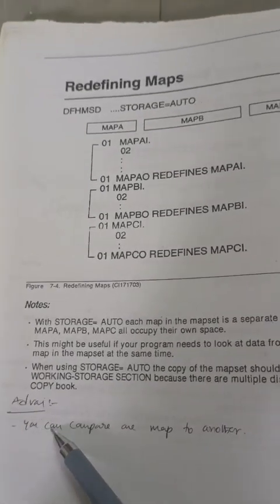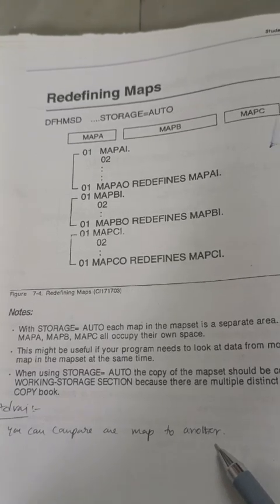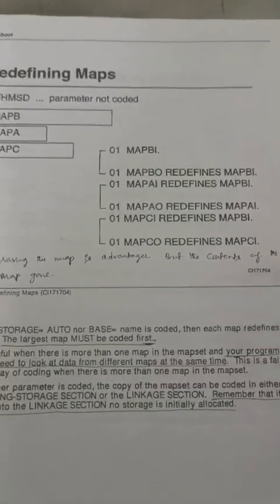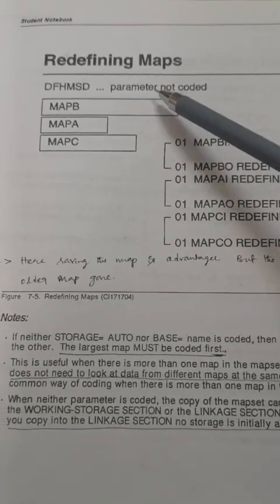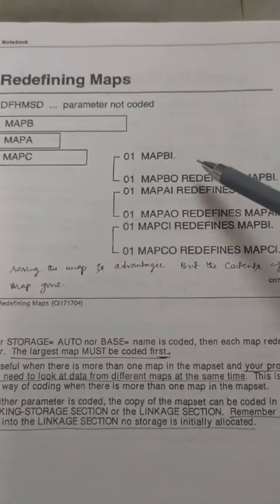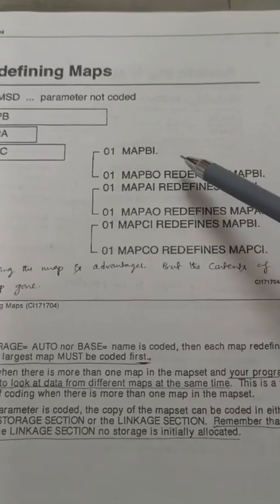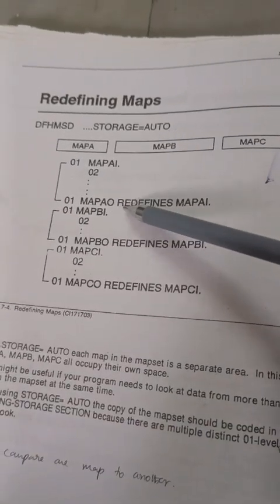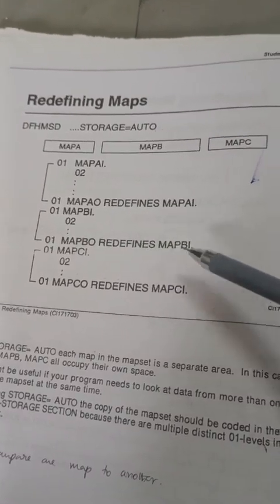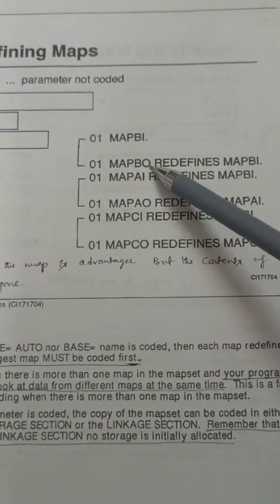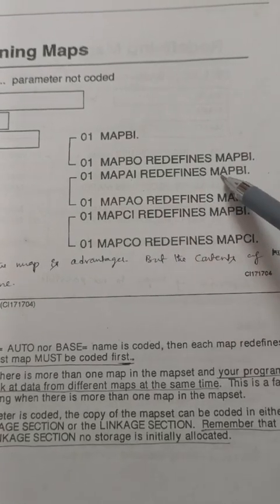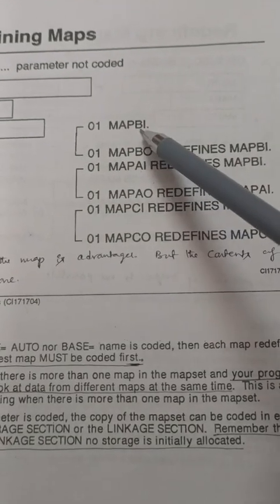And the advantage here is that you can compare one map to another map, if you are giving STORAGE=AUTO. Next, if you do not mention any of the parameters for storage, nothing, what will happen to the storage area? Here it is redefined as AO to AI, BO to BI. But here BO redefines BI and AI also redefines BI, which means it is overlapping the same data.